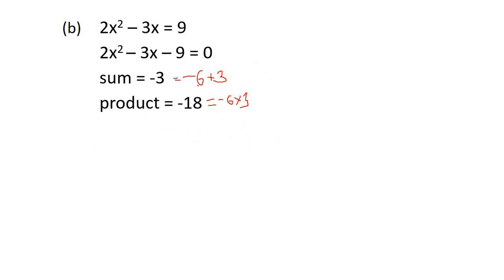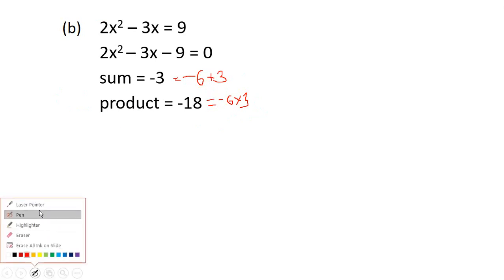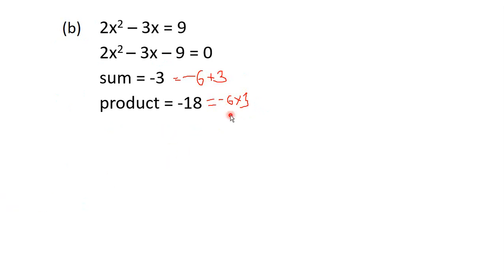So here, this is negative 6 plus 3. This is negative 6 times 3. So we can rewrite this quadratic equation as 2x squared minus 6x plus 3x minus 9 equal to 0.